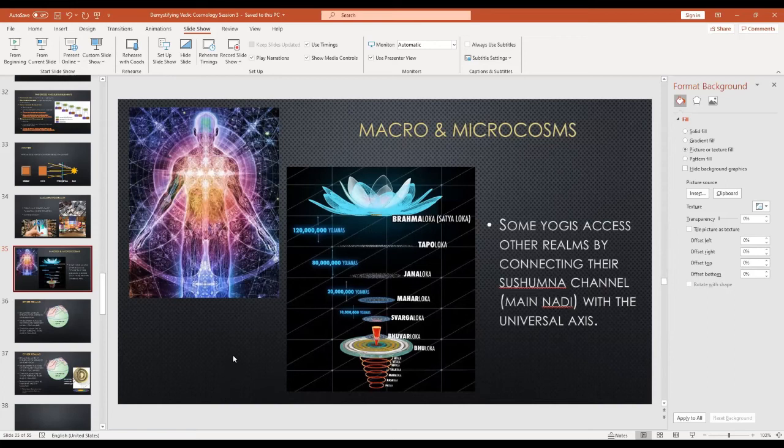And so when they start meditating on the different chakras, they're actually able to perceive these different realms. And sometimes, depending on how advanced these yogis are, they're able to travel to those places and be physically there.